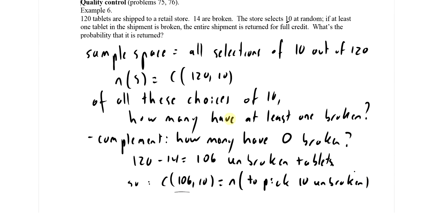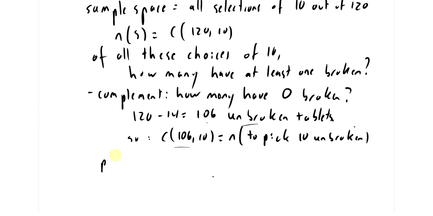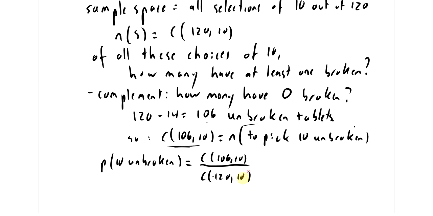That's how many choices of 10 consist entirely of unbroken tablets. Great. So what's the probability of getting 10 unbroken tablets? Well, it's the number of ways to pick 10 from the unbroken ones, C(106, 10), over the total number of ways to pick 10 out of the entire shipment of 120.